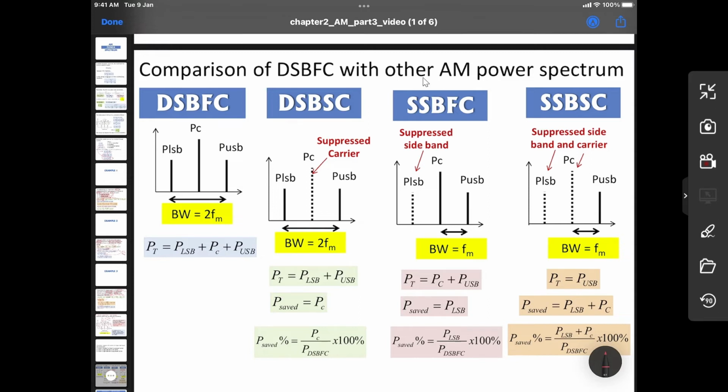So if you understand how these types of signals are constructed, you don't have to memorize that. You can generate the equations based on this understanding. So it's really important for you to understand what is meant by SSBFC, double sideband SC, suppressed carrier, suppressed sideband.